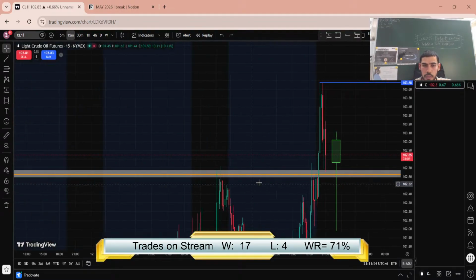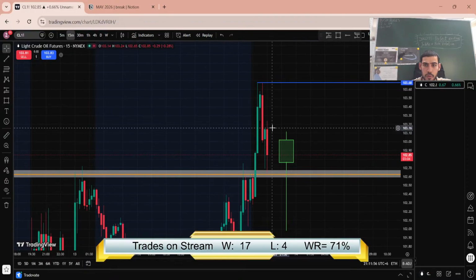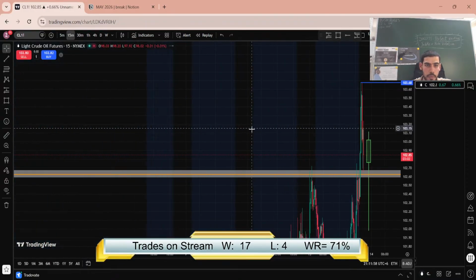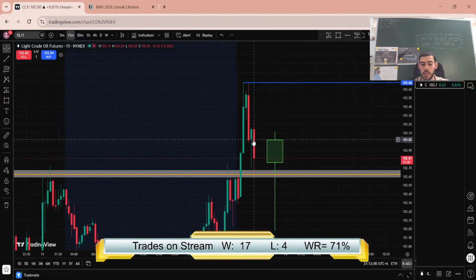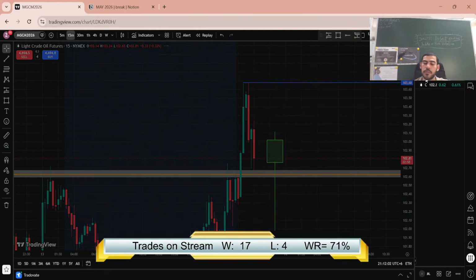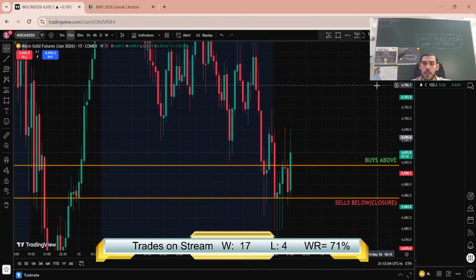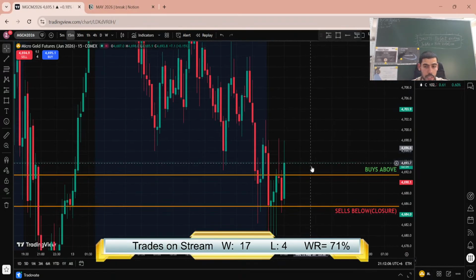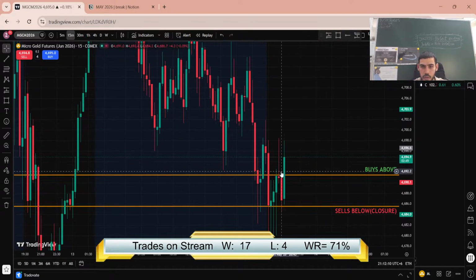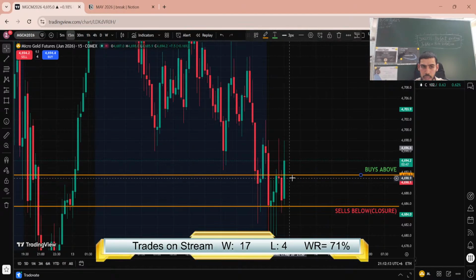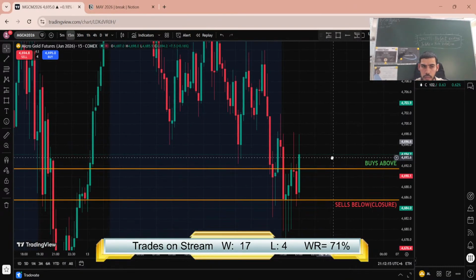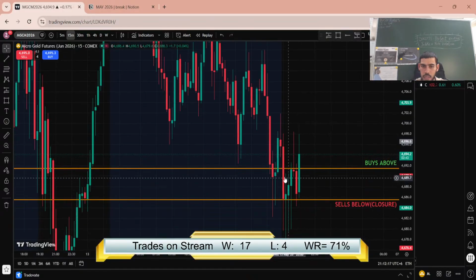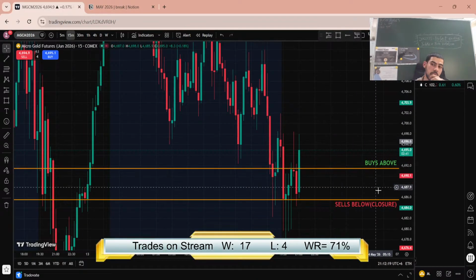So now if it can create a support from here and close above this area, probably we'll look for some buys. It's going to be nice, some buys. Also right here actually buys don't look bad, but I need this candle to close near my line as much as possible, so we can get a good entry, a good trade.